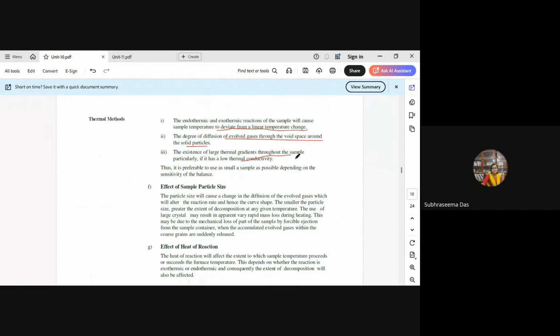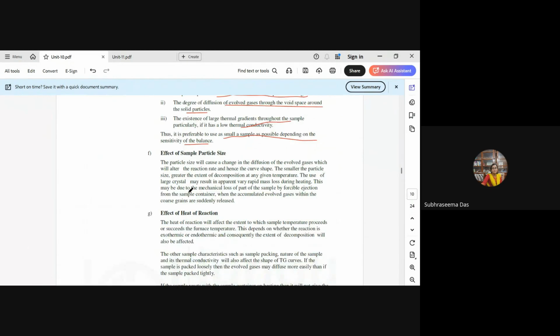So it is always preferable to use as small a sample as possible, depending on the sensitivity of the balance. That is why we mostly take TG samples of 5 to 8 mg, or a maximum of 10 mg.